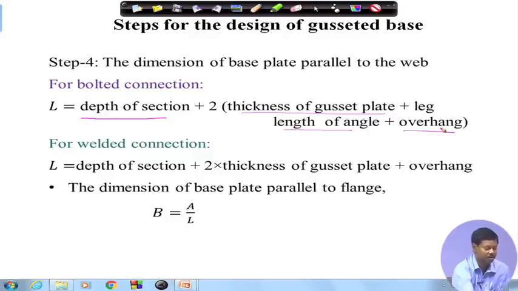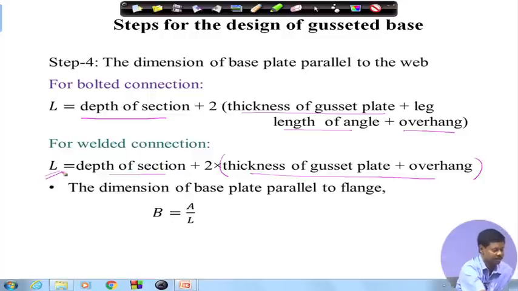So, this is how we can find out the total length, and for welded connections this will be depth of section plus 2 into thickness of gusset plate plus overhang. So, for welded connections the length we can provide from this, and for bolted connections we will provide from this, where the leg length of angle will be added in case of bolted connections.